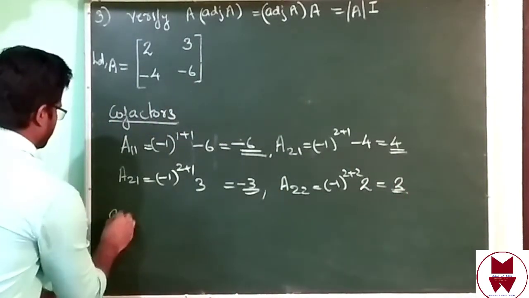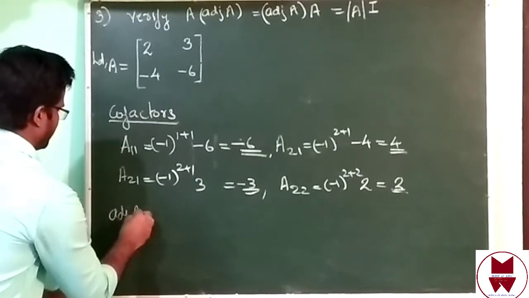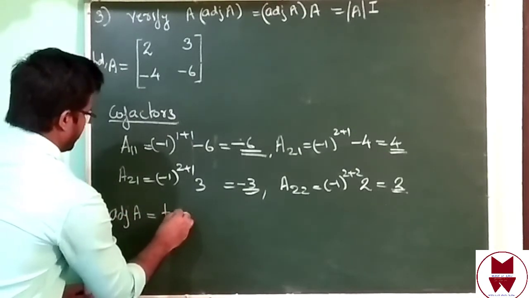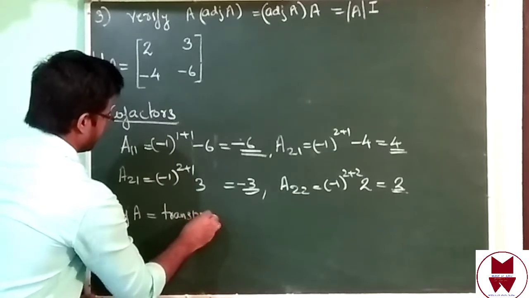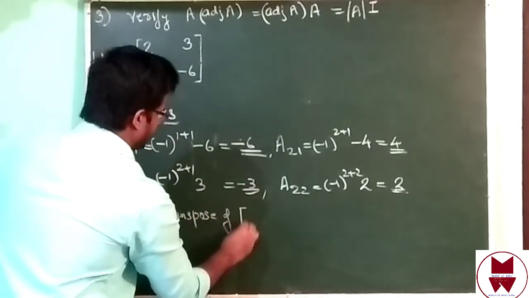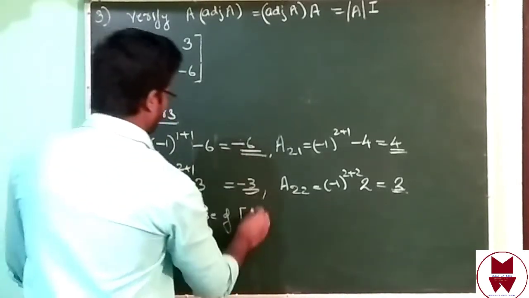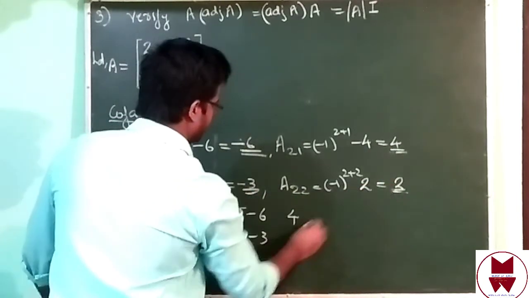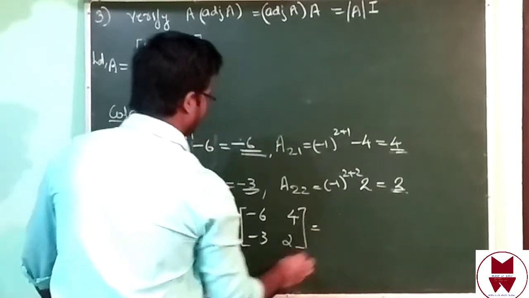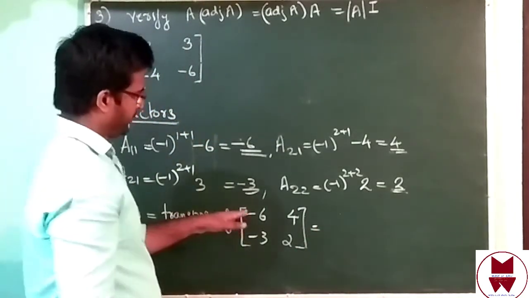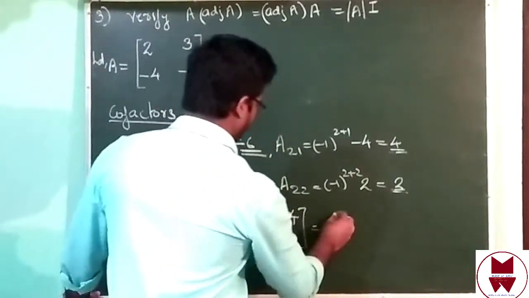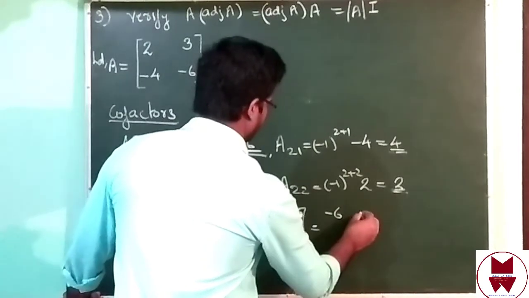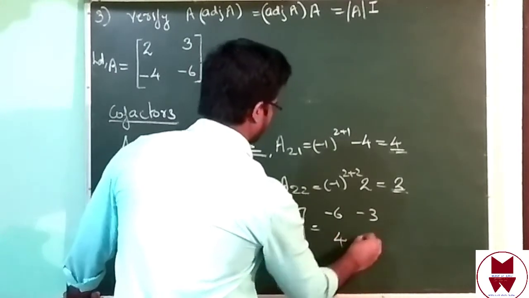Now we can write the adjoint. Adjoint of A is the transpose of the matrix minus 6, 4, minus 3, 2. Change the columns and rows: minus 6, minus 3, 4, 2.